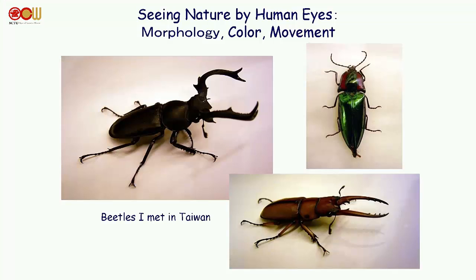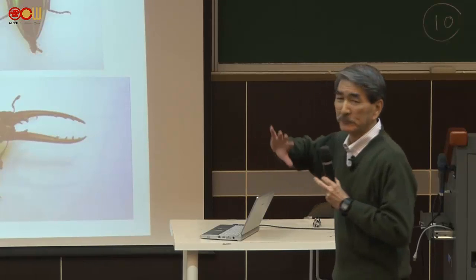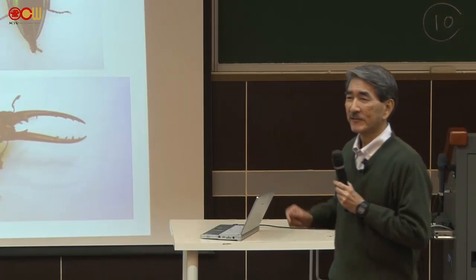So here I show you some insects, beetles in Taiwan. So I collect beetles as my hobby. So many times I go into the mountains in Taiwan and collect those beetles. Why are they attractive? Because the shapes, morphology, and color, and also their movement are really interesting.